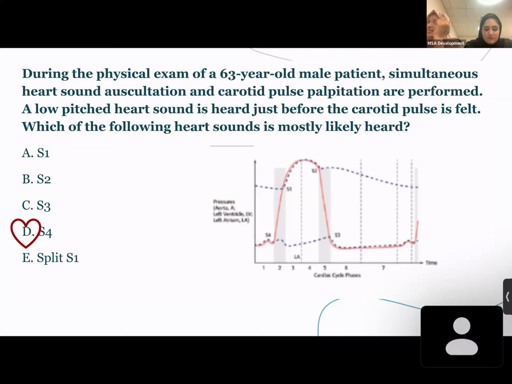So the blood hitting these walls makes the S4 sound before you even go into systole, before S1 and S2. Is that clear? The keyword here is before the pulse is felt, which means it's before the blood goes from the heart to the artery. So before S1 and S2. Is it clear?